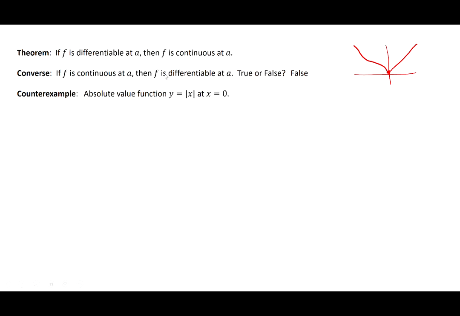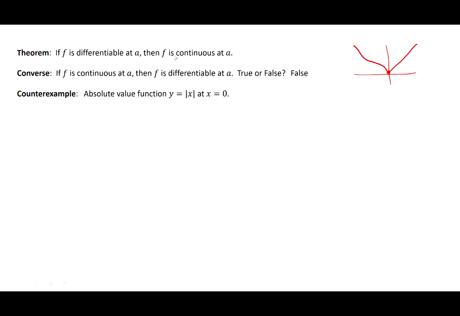However, what is the contrapositive of the theorem? Right? What is the contrapositive of if P then Q? If not Q, then not P. This part is P, this is Q originally.